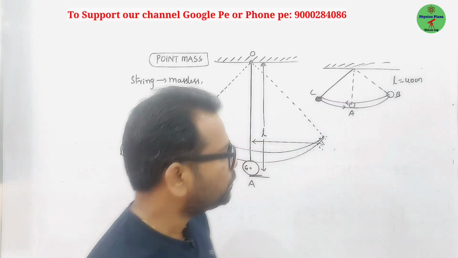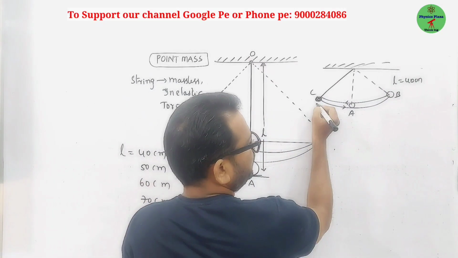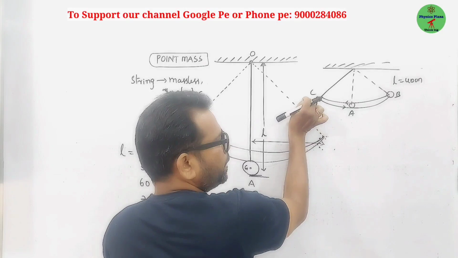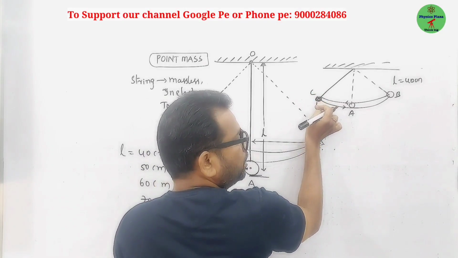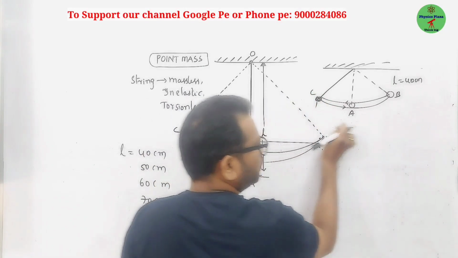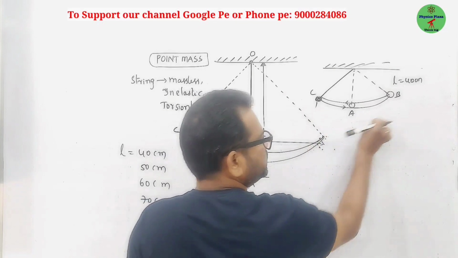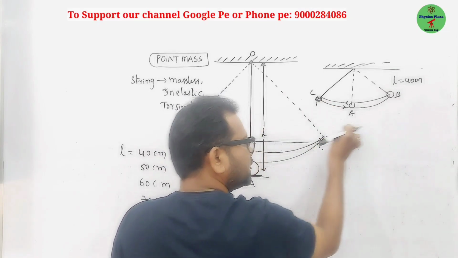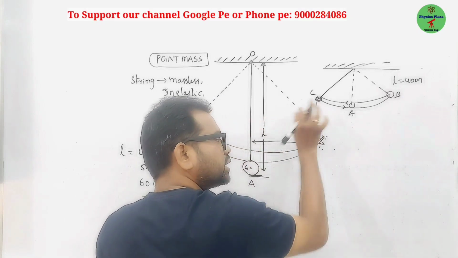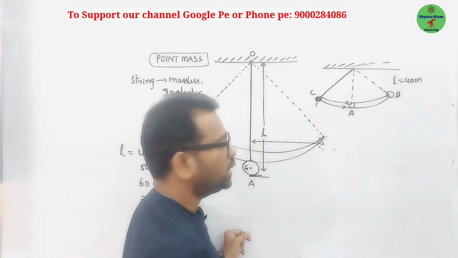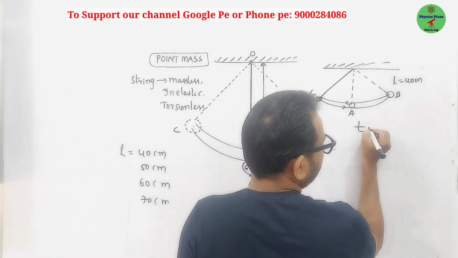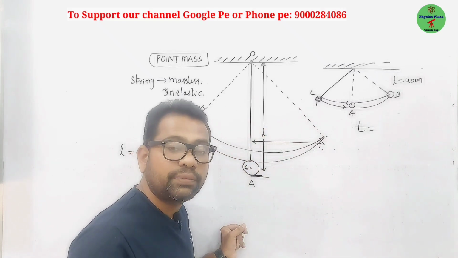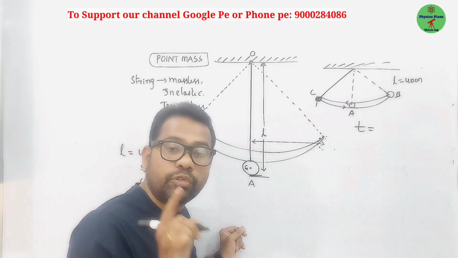Let me tell you. Suppose, dear children, initially it is here at this point. It is left. We count 1 oscillation, 2 oscillations, 3, 4, 5, 6, like this, 19, 20 oscillations. For the 20 oscillations we calculate the time. Let us say small t is the time taken for 20 oscillations.